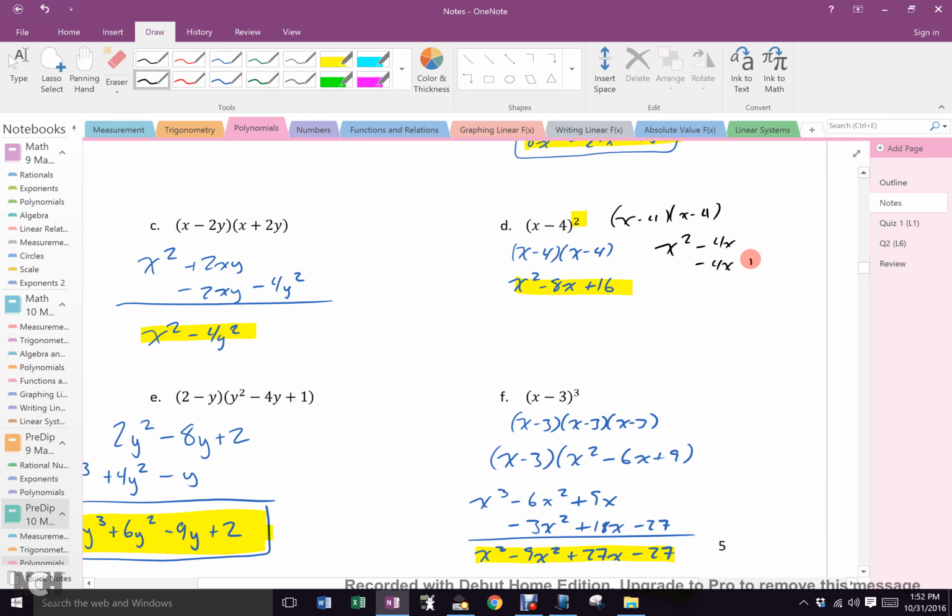And minus 4 times minus 4 is plus 16. Then you add it. X squared, negative 4 minus 4 is negative 8x. 0 plus 16 is positive 16. The mistake most kids make with that is they want to tell me it's x squared minus 16. Because you vaguely remember in grade 9 something about that exponent going to both of those.